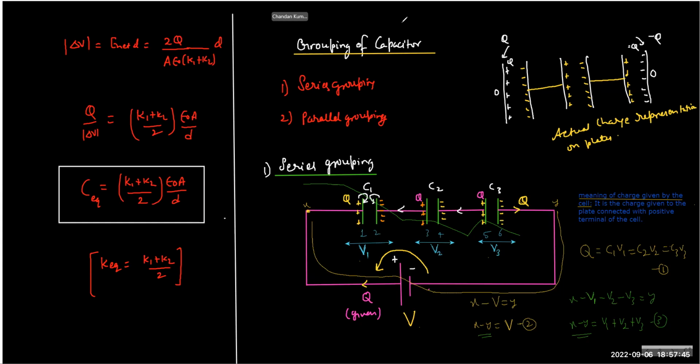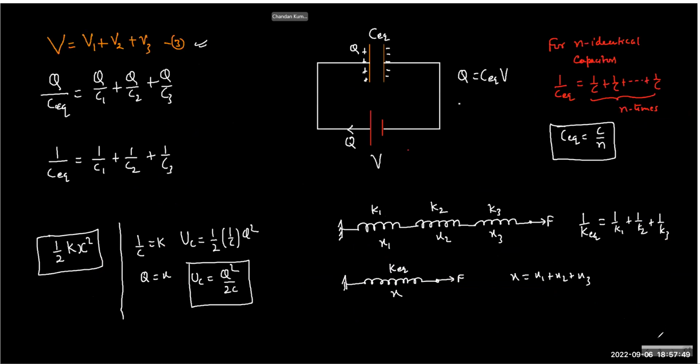Anyway, you can take some more examples. This is pretty simple. I don't know why I'm giving so much time. For 2 capacitors, 1 by C equivalent is how much?